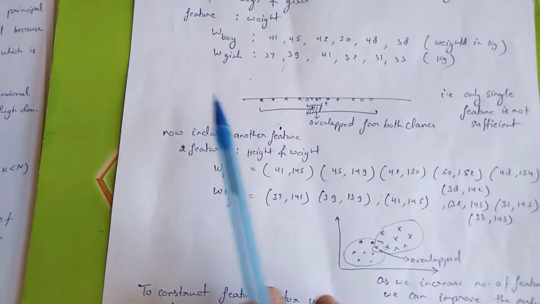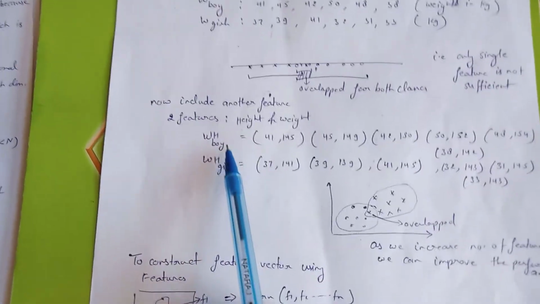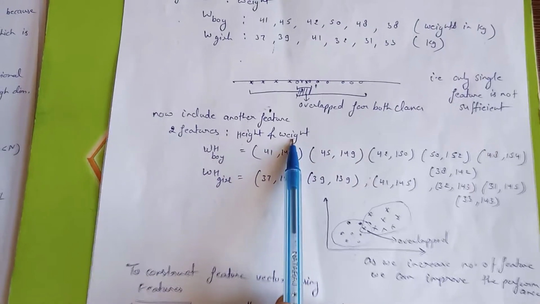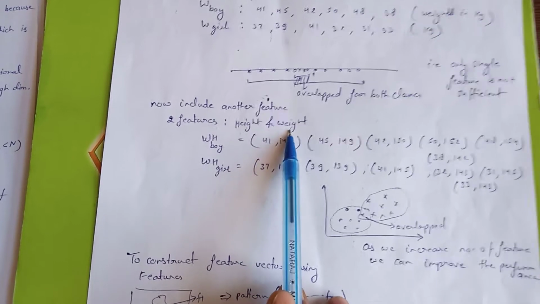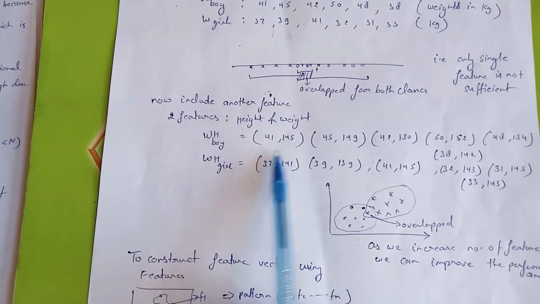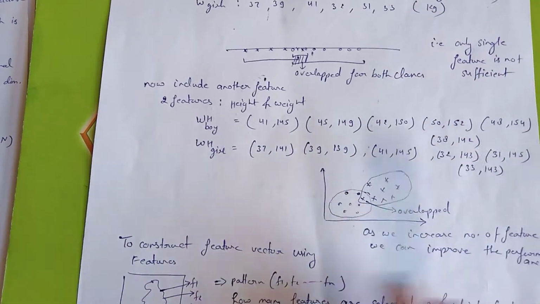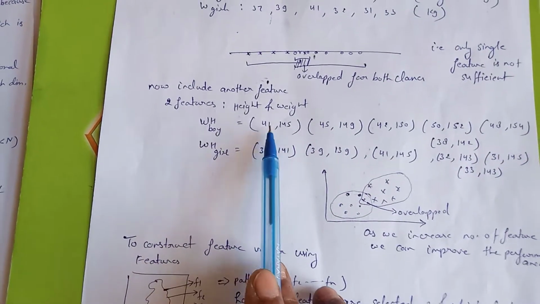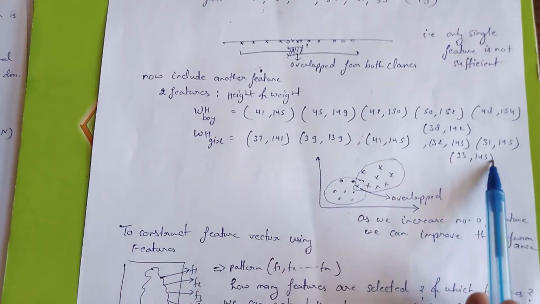Now we increase the number of features. Here we have taken only one feature. Suppose we take two features, a height and weight combination, and on the basis of these two values we can design a classifier. These are the values corresponding to the boys, a combination of weight and height, and these are the values corresponding to the girls.